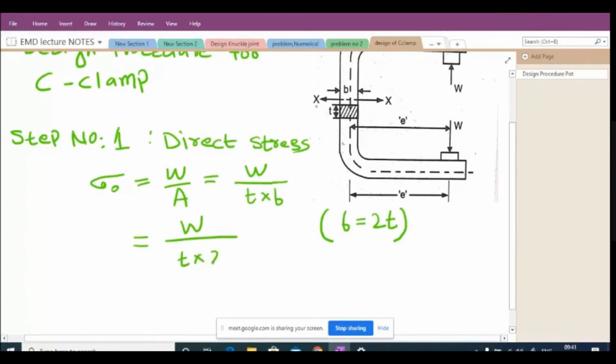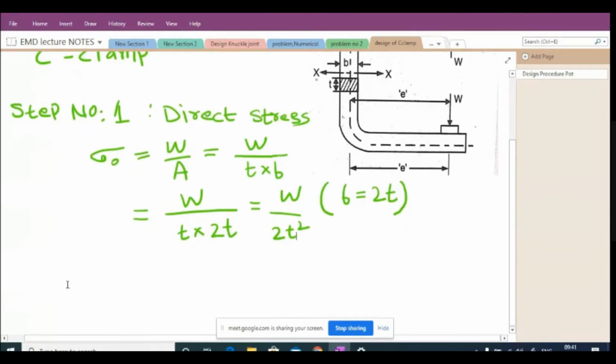In place of B it is 2T, and T remains T. So sigma 0 is W upon 2T square. This B is equal to 2T is an empirical relation. So we got sigma 0 equal to W upon 2T square. This is our step number 1.